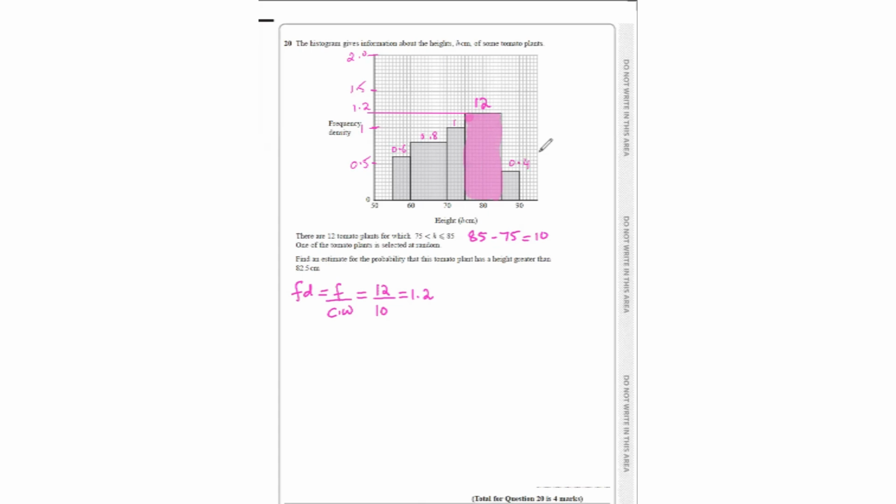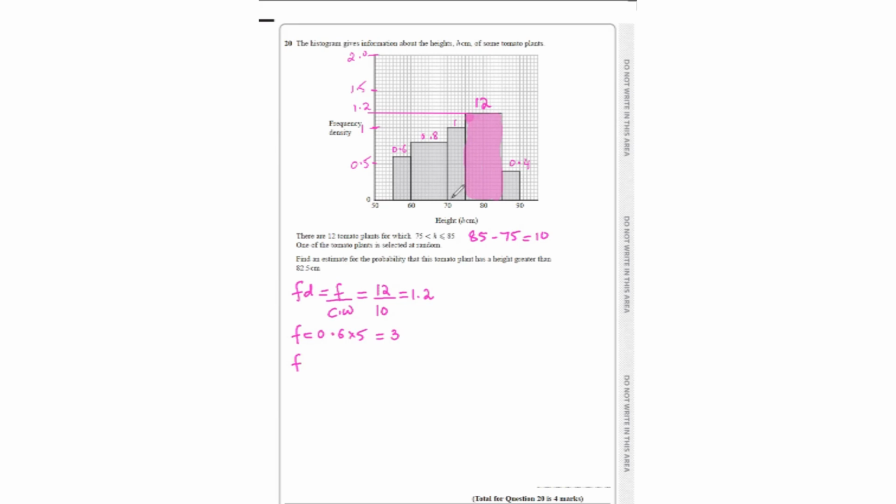So as you can see, based on one frequency density value, we have been able to figure out the scale of the y-axis. Now that we know the frequency density for each of the bars, we can easily figure out the frequency values. For 55 to 61, frequency is going to be 0.6 times 5 because that's the class interval. And that gives us 3.